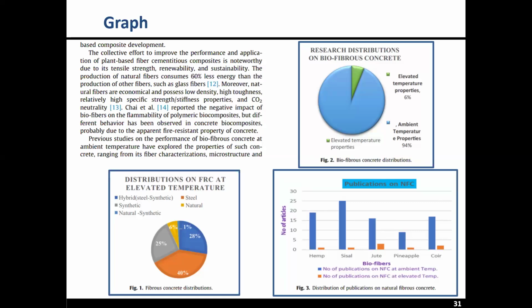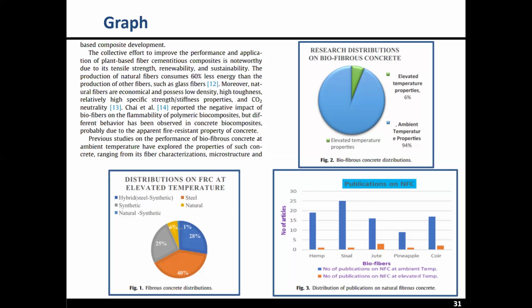Only 6 articles are doing research on elevated temperature. You make a column for all 100 articles, you just mark 1, and wherever elevated temperature has been studied, you mark 2 or some other number. So now you will easily be able to understand how many articles studied ambient temperature, that is 94, and how many elevated temperature, that is 6. So with that you can make it out.